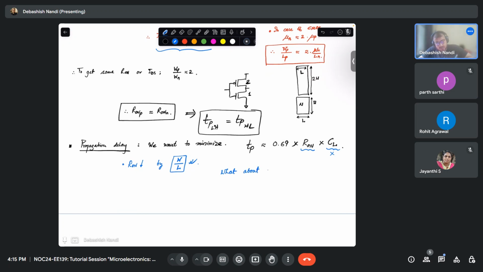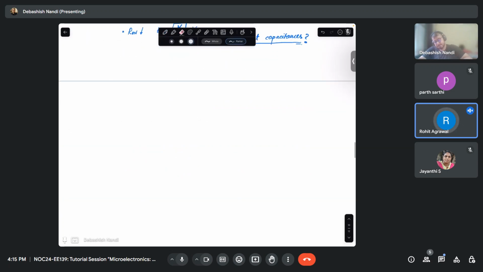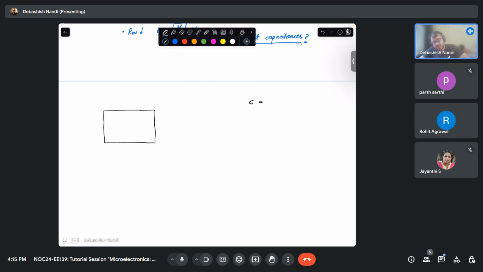What about capacitances? So they will also increase. Why? Because the width is increased, so the time to move the charge from one position to other also increases. So the load increases. Capacitance is equal to epsilon A by D, right?